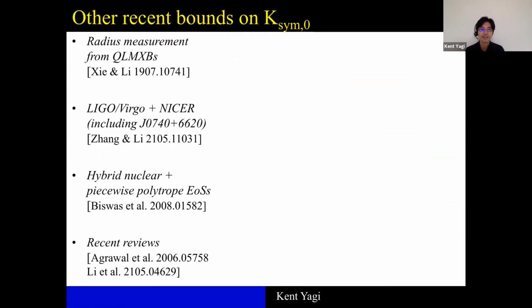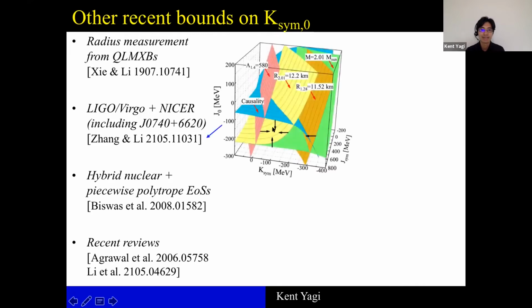Okay, and before ending my talk, I'd like to comment on some of other related analyses. Here I show some selected examples. For example, this paper looked at the radius measurement of quiescent low mass X-ray binaries and found measurement on K value. The next paper looked at the LIGO-Virgo measurement and also NICER's 2 pulsar measurement, including the 2 solar mass pulsar one, and then did the analysis, and they found, for example, the allowed region in this 3-dimensional parameter space of nuclear parameters, including K_sym.